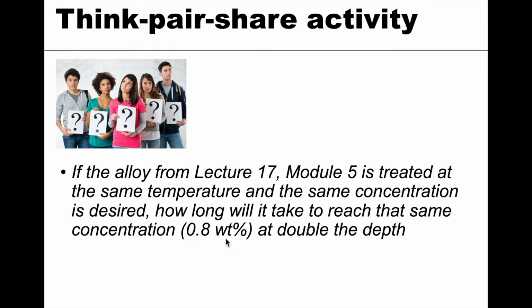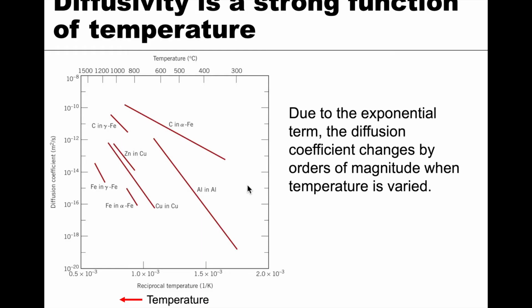In this question, we want to see, if it's treated at the same temperature and the same concentration, how long will it take to reach the same concentration, 0.8, at double the depth, so twice the depth that was in that problem. So you're going to want to go back to this question in the previous lecture. I'll go back to it for a second so you can see.